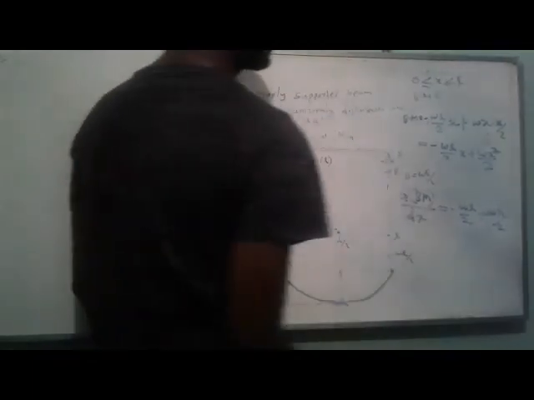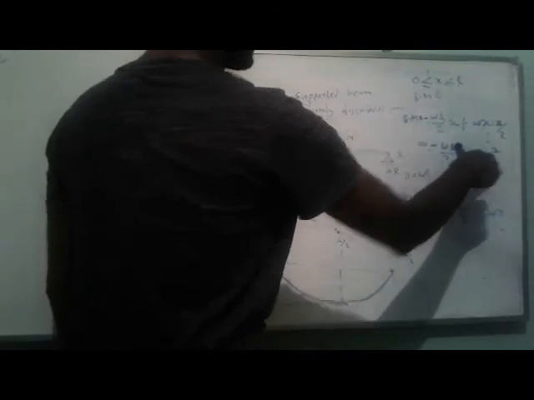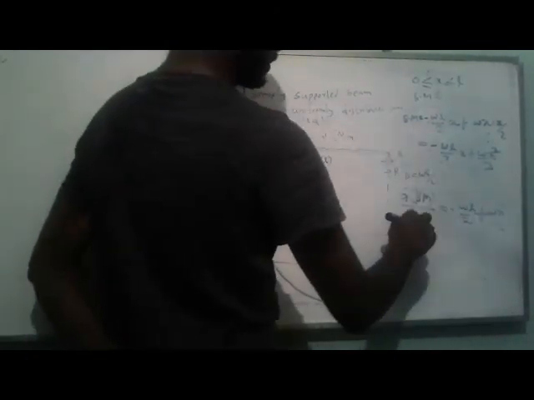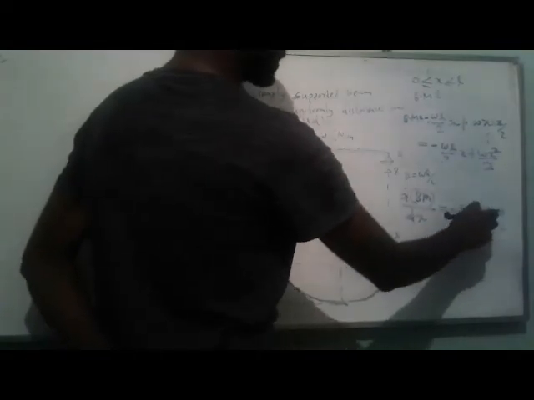When we differentiate this equation, you get minus WL over 2 plus Wx, because the 2 cancels.